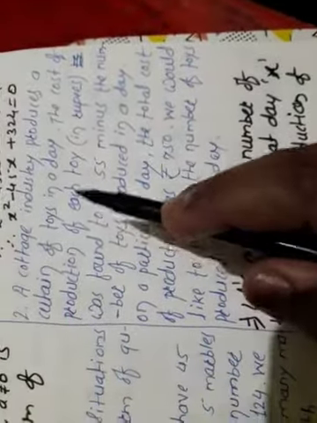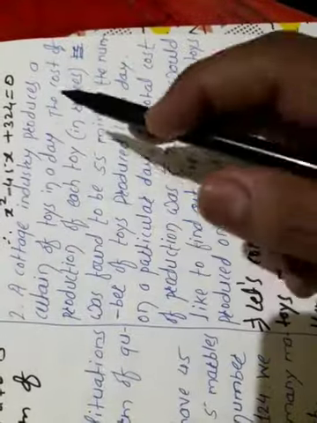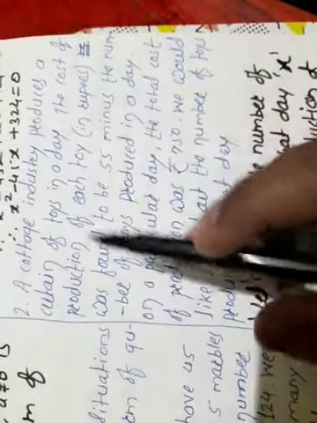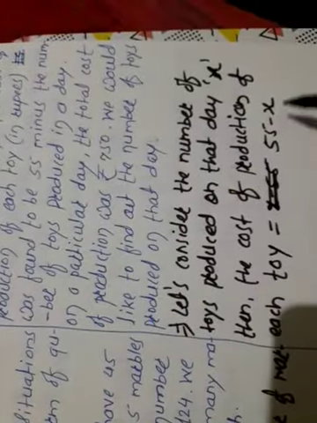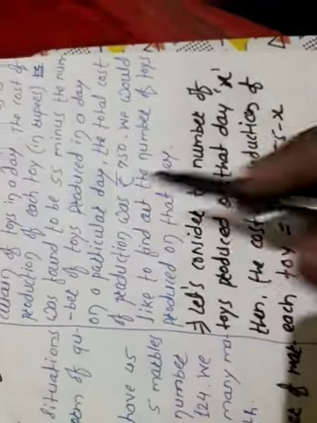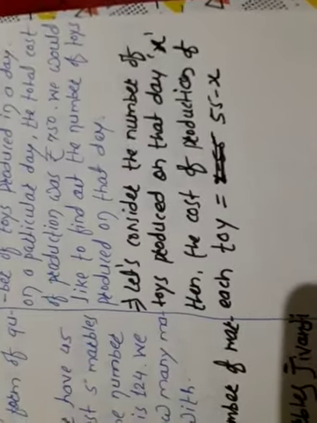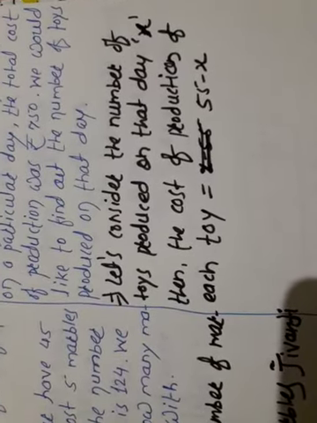Most of the time we get confusion in this type of question. The cost of production of each toy was found to be 55 minus the number of toys. Number of toys is x. Got idea?